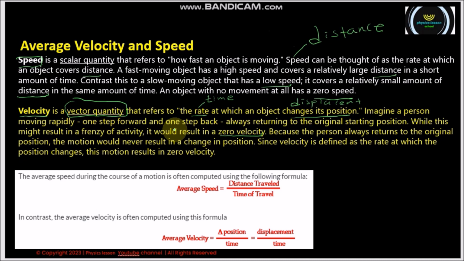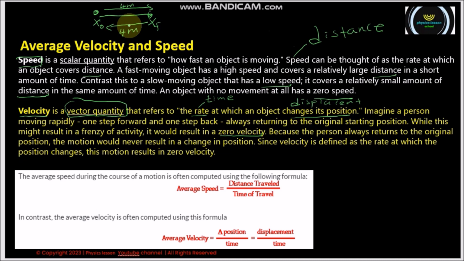So, for example, if an object moves from its initial position to a final position towards the east, let's say 4 meters, then returns back towards the west 4 meters.